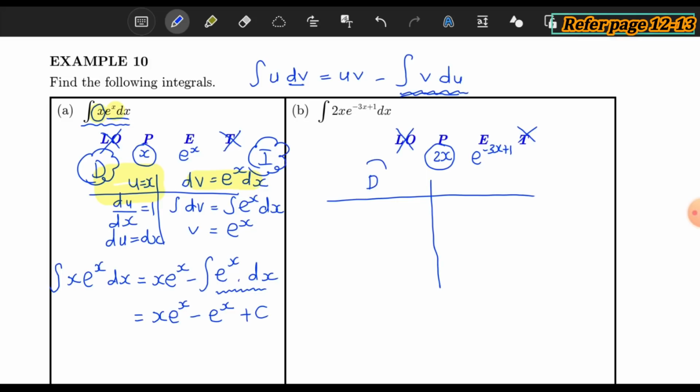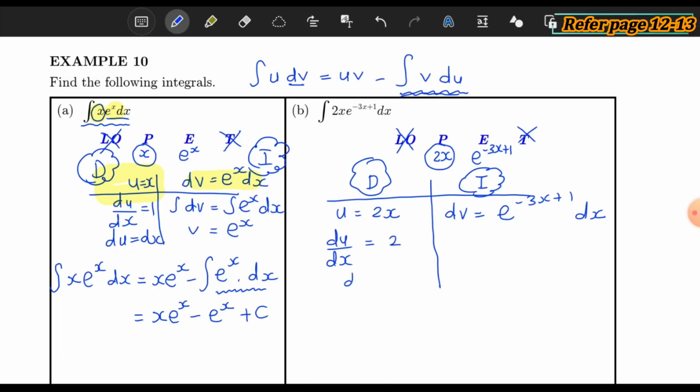We need to differentiate u equals 2x to get du dx, and we need to integrate the rest. The rest is exponent, so we write dv equals exponent negative 3x plus 1 dx. So, du dx equals 2, or du equals 2 dx.